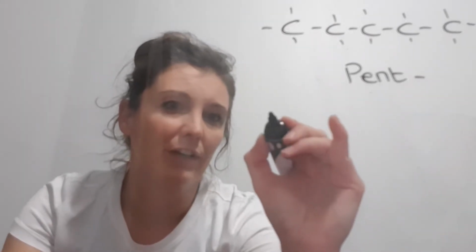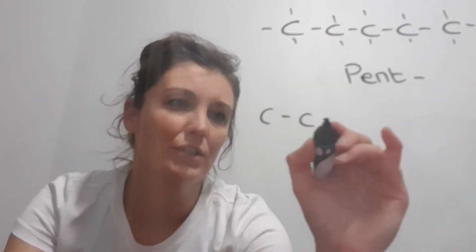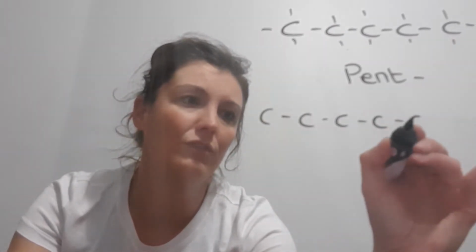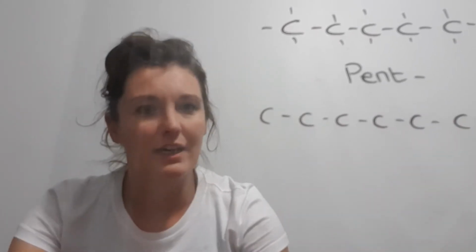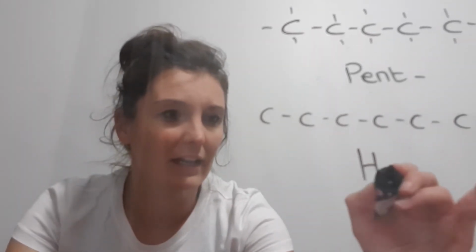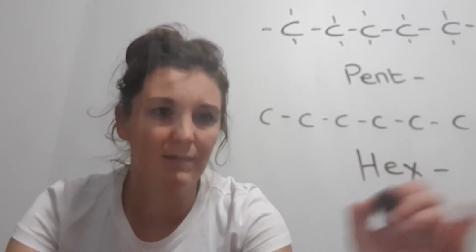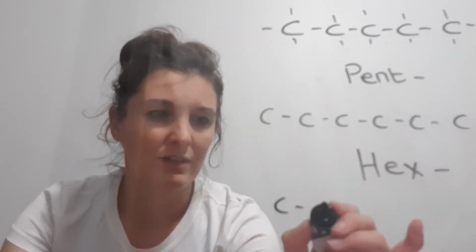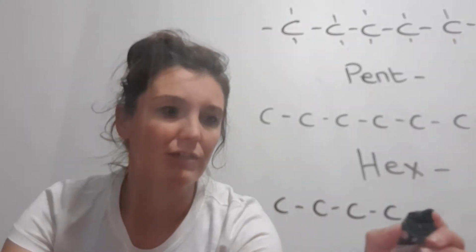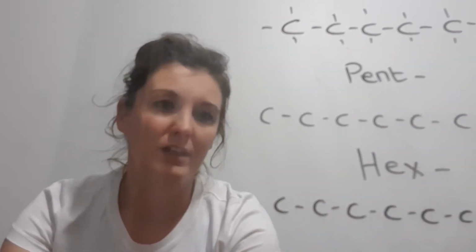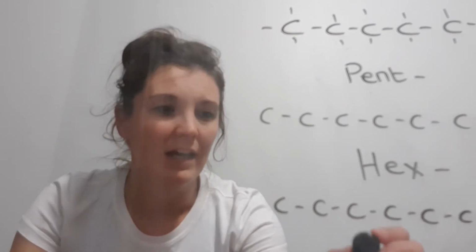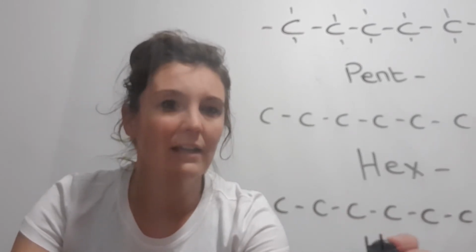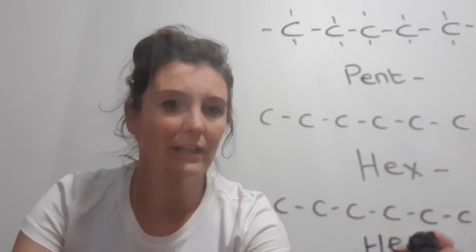And then I have 6, 1, 2, 3, 4, 5, 6. 6 is going to be hex something, and 7, 1, 2, 3, 4, 5, 6, 7, and 7 is going to be hept.